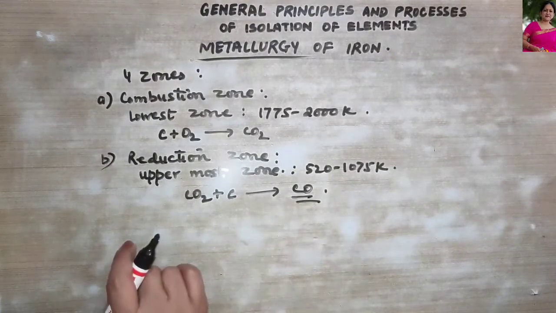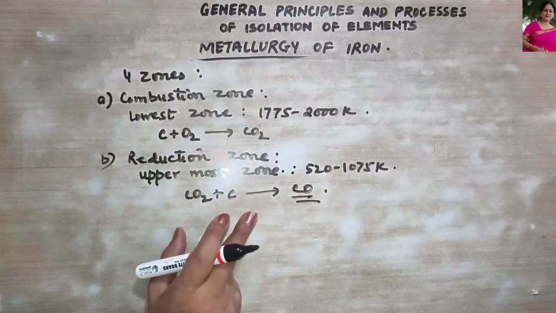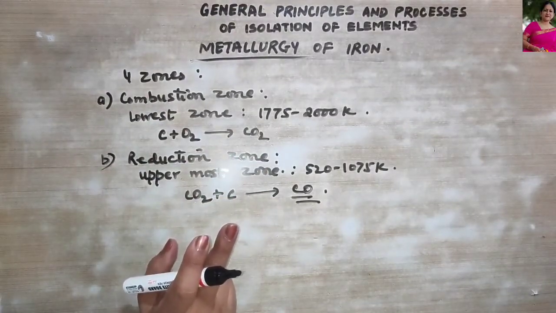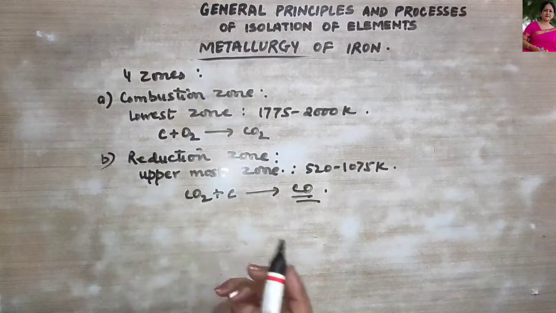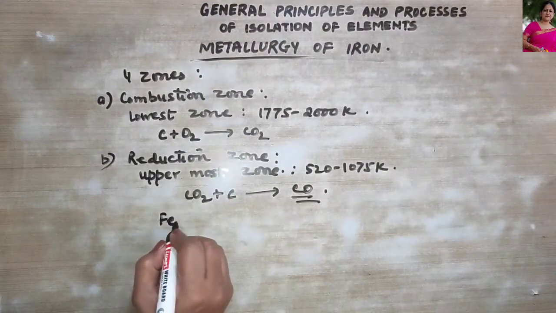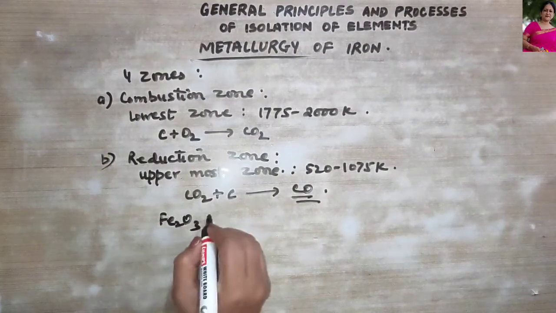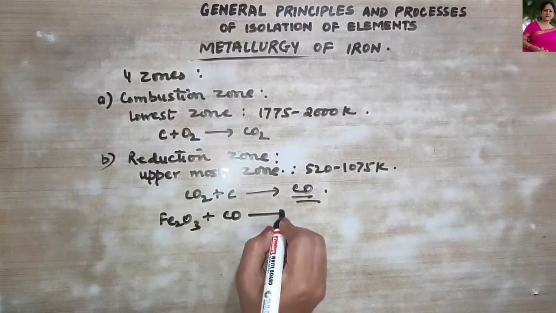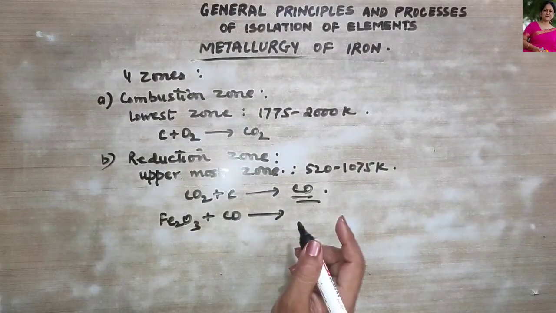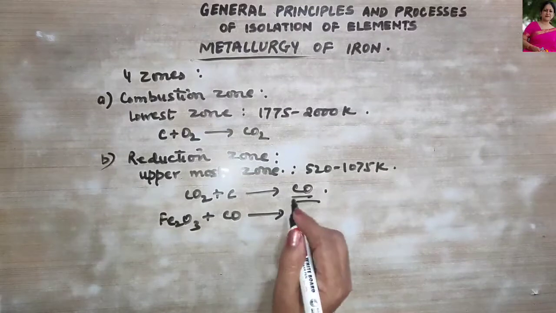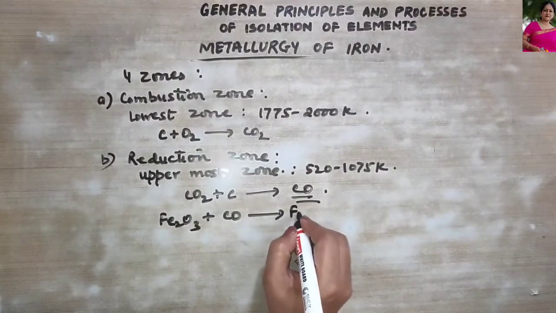So what is it going to do? You had already dropped the charge from the cup and cone arrangement. So over here, it is going to react with your ore and help us to obtain the metal, right? The spongy iron that we are going to obtain over here.